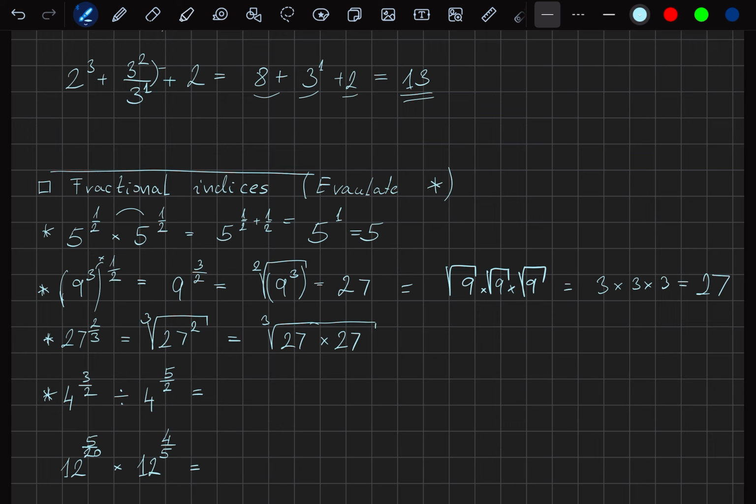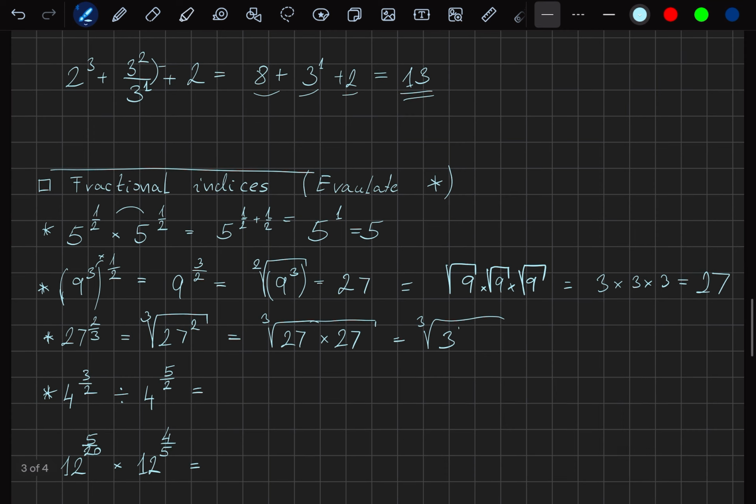Okay, sorry. 27 equals 3 to the power 3 times 3 to the power 3. Okay, sorry. Mistake. And it's correct. So it's 3 times 3. It's 9. Okay, next one.